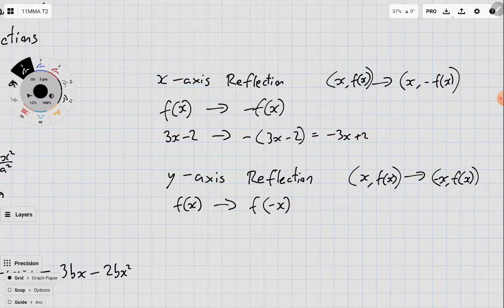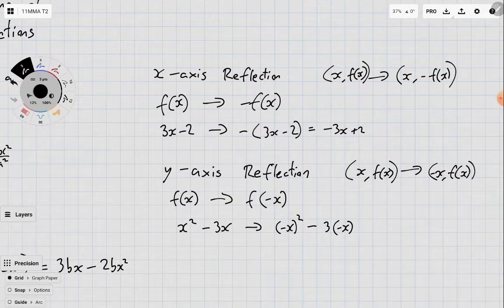So in the case that we get something like x squared minus 3x, it is going to become minus x squared minus 3 times minus x. Minus x squared is just x squared. Minus 3 times negative x becomes minus minus, so it's plus 3x.